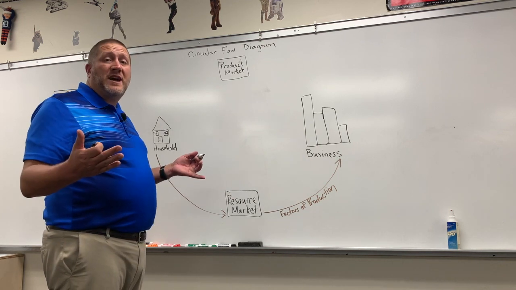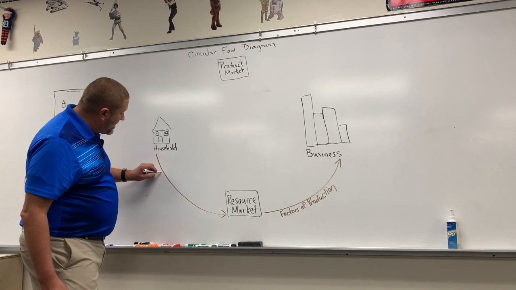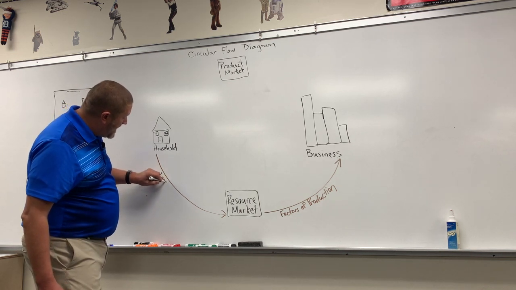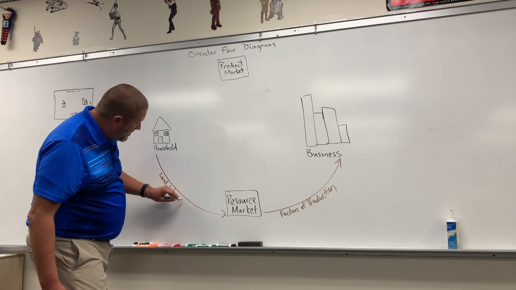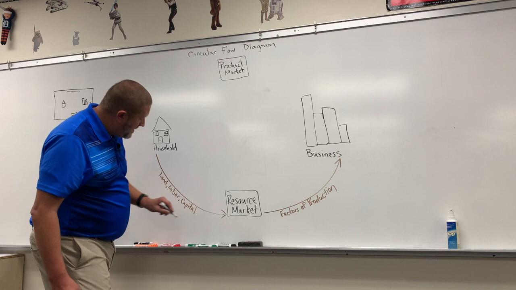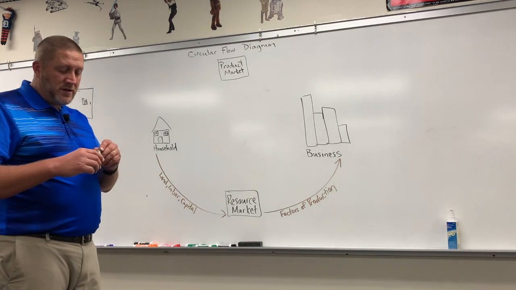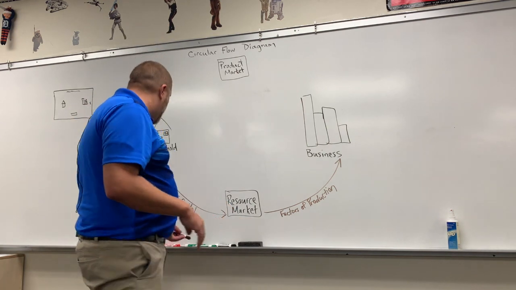What are those four factors of production? Actually, we'll go over the three. The three factors are land, labor, and capital. We're not going to talk about entrepreneurship or anything else like that right now.